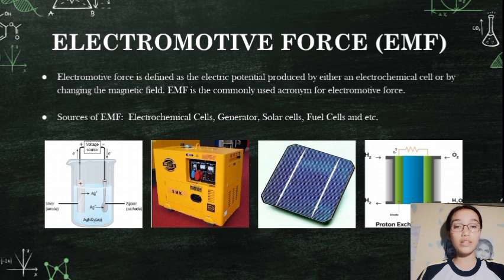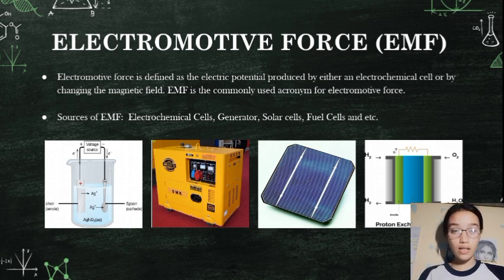So in an electric circuit, the EMF source does work to move charges from a region of lower potential to a region of higher potential. So the work is done against the electrostatic force, which naturally pushes charges from higher potential to lower potential. So EMF is generated by various devices and processes, including electrochemical cells.